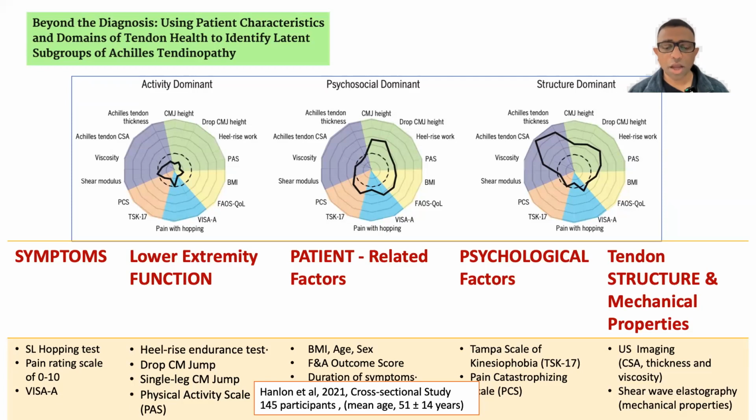I would say it's a very comprehensive assessment, which might not always be possible in a clinical population, but for research purposes they had to be very elaborate. Based on these factors, they divided patients into 3 groups: activity dominant, psychosocial dominant, and structure dominant. Let's explore these 3 in detail.